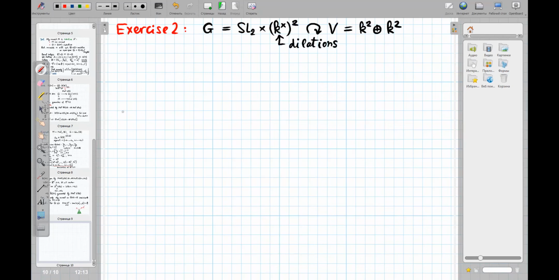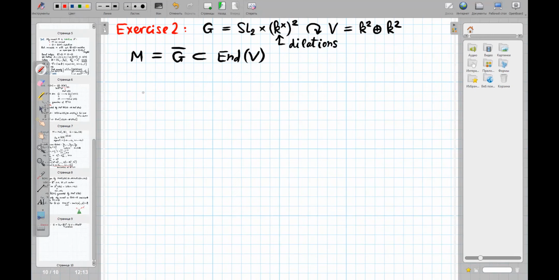So you have independent dilations on each copy of this K squared in this direct sum. And this is the action of K* squared. So let us take for M the closure of G in endomorphisms of this vector space. This is an algebraic monoid. It is a reductive algebraic monoid.